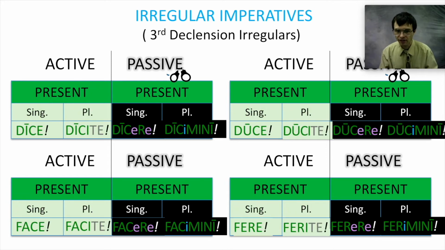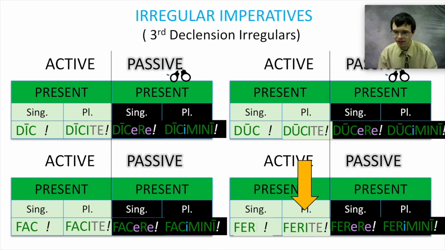As for the actives, we're going to have to change these a little bit. So wherever you see a singular, you're going to remove the eh. I don't know why these four verbs do that, but they do. Okay, they're exceptions. Normally you would have the eh there, but these don't. So deek, speak, duke, lead, fak, make, fair, bring.